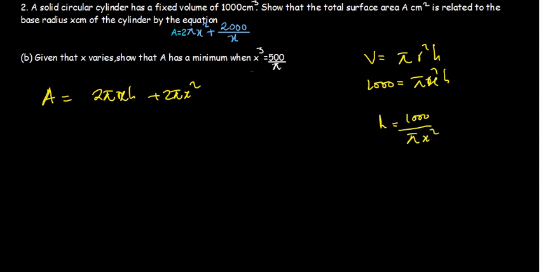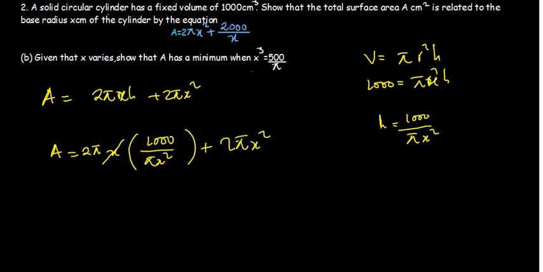So the area is going to be equal to 2 pi x h, and where there is h we are putting 1000 divided by pi x squared, and then plus 2 pi x squared.